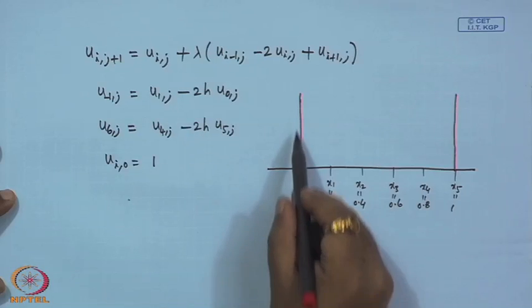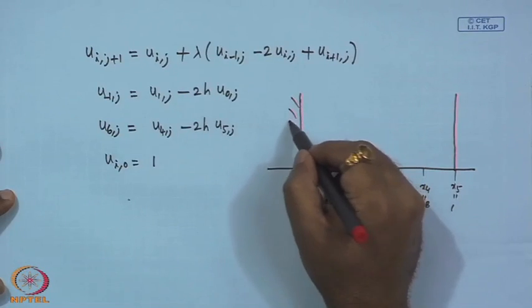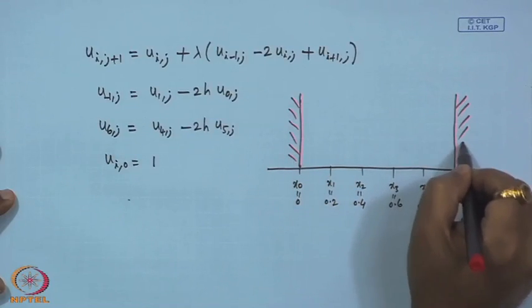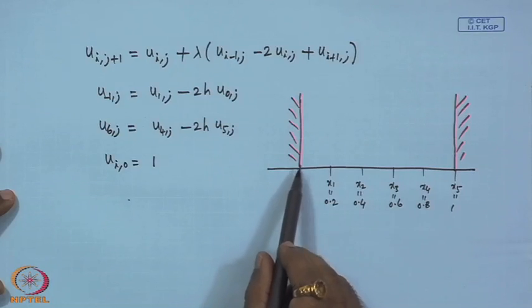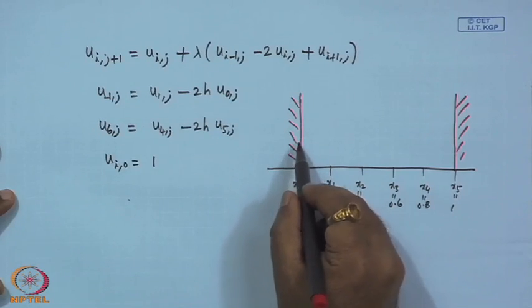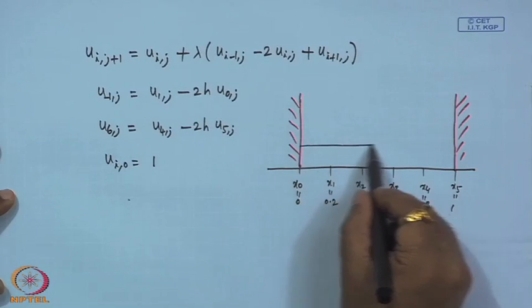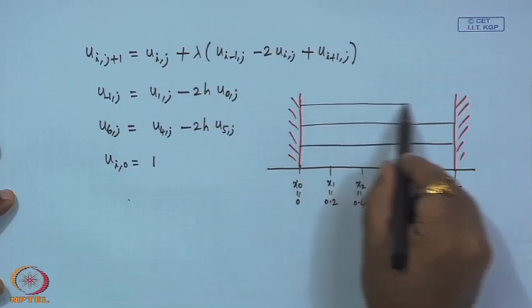The values along the boundary are known to us at every time step. However, in this case, because of the derivative boundary condition, we do not know. So, let us say the time stepping corresponding to the time stepping.